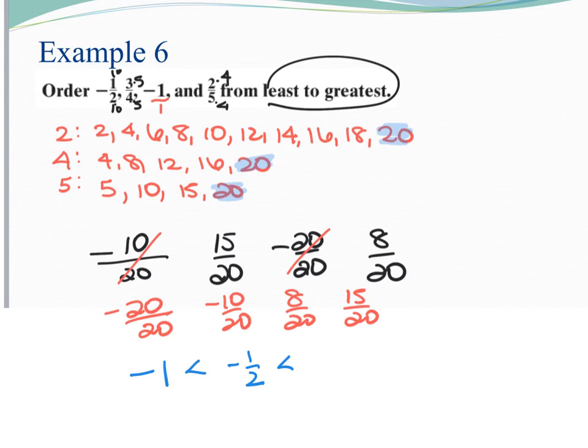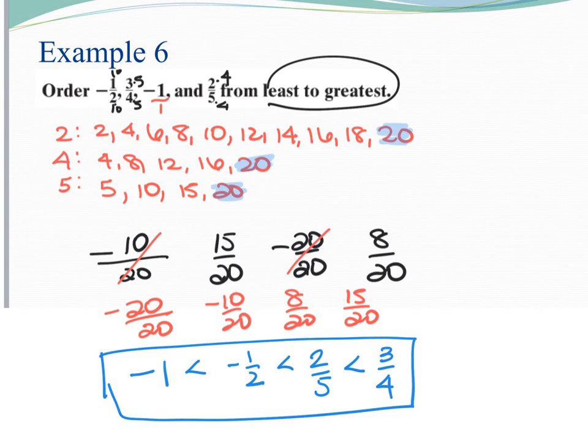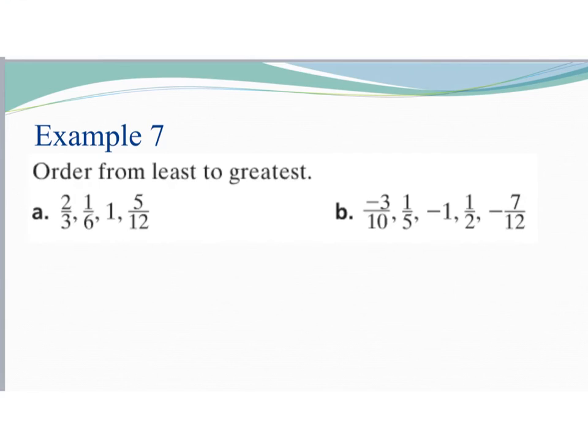And that's less than 8/20, which actually came from my +2/5. And that is going to be less than my +3/4. So this right here is ordering my fractions from least to greatest. Please take a quick second to pause the video and try this one on your own.